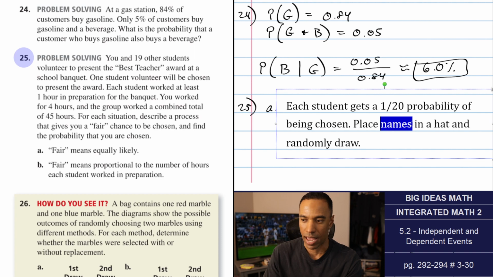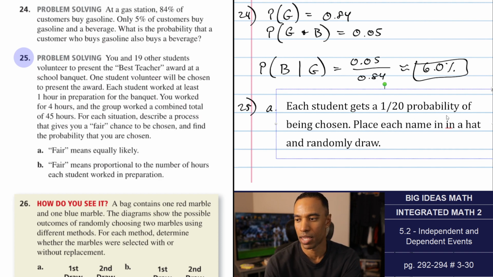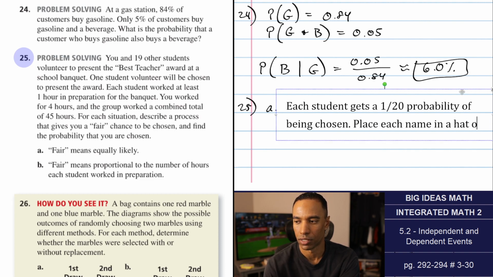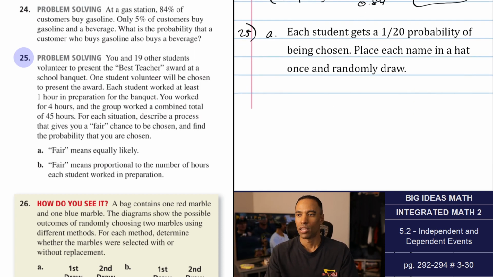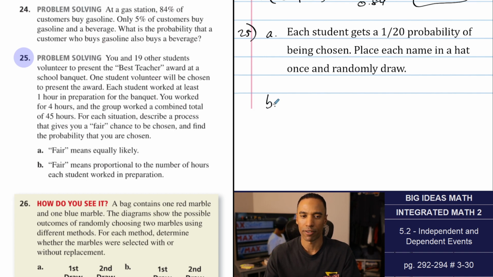Place each name in a hat once, because that gives equal likelihood. So all 20 names.